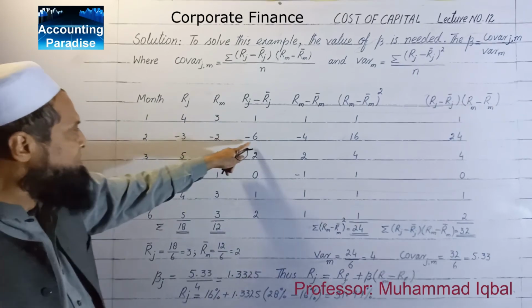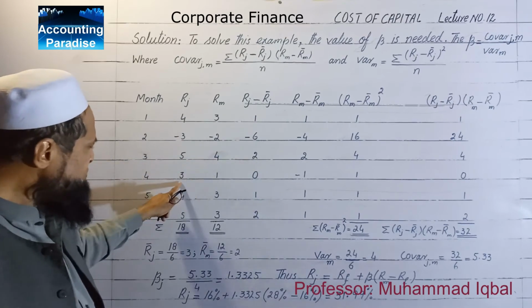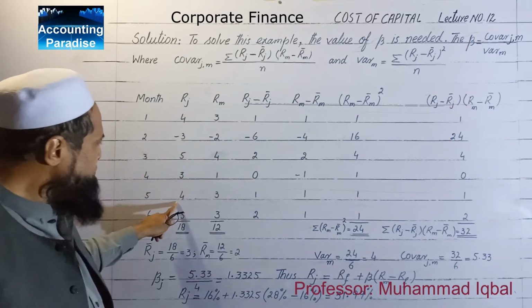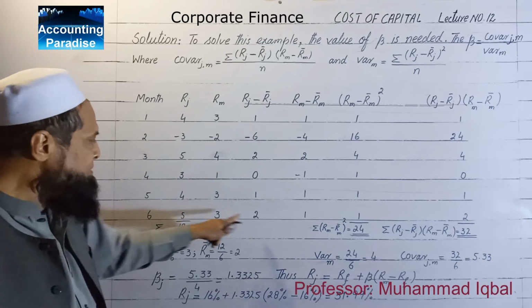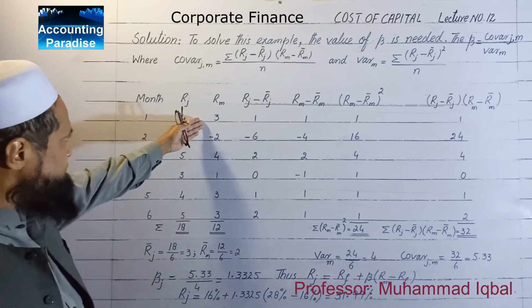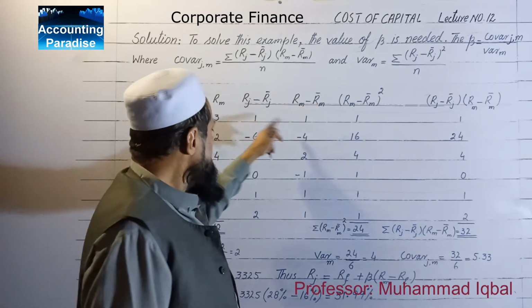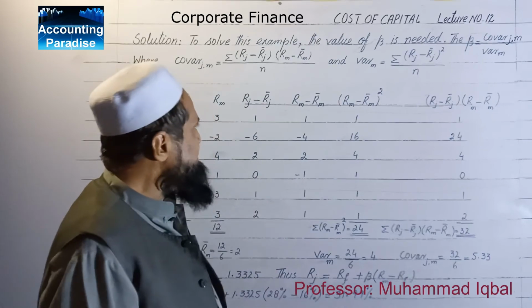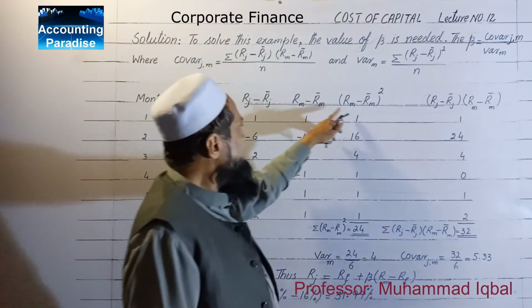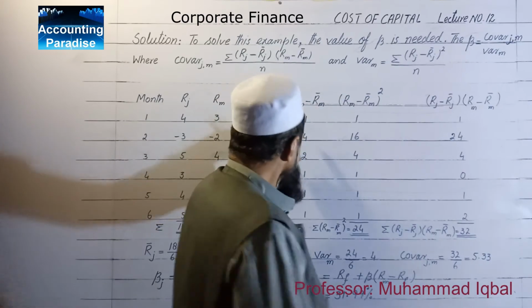Minus 3 minus 3 is minus 6. 5 minus 3, 2. 3 minus 3, 0. 4 minus 3, 1. 5 minus 3, 2. In the same way, Rm minus R bar M, same way, these figures. Now, Rm minus R bar M whole square.